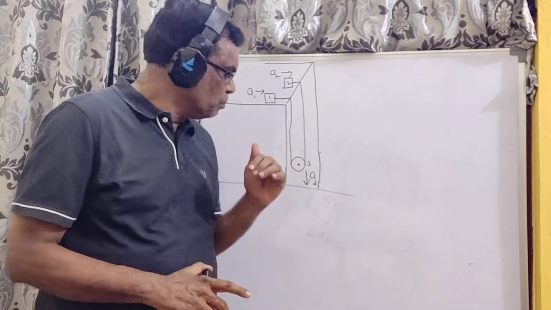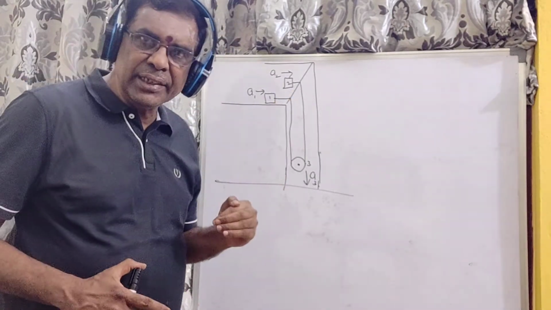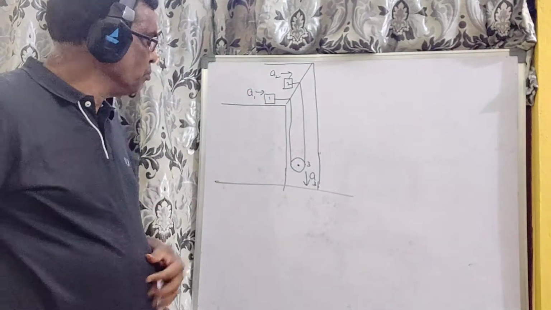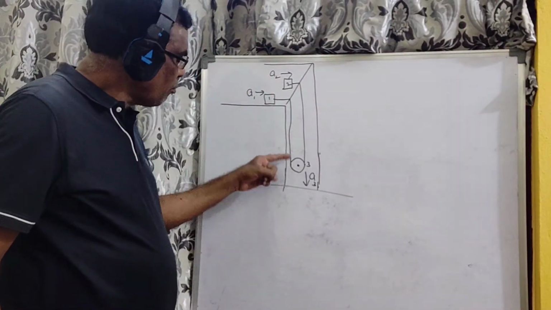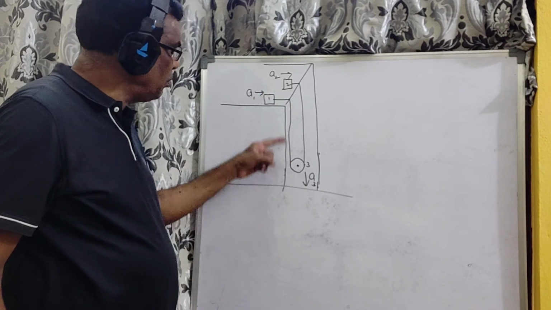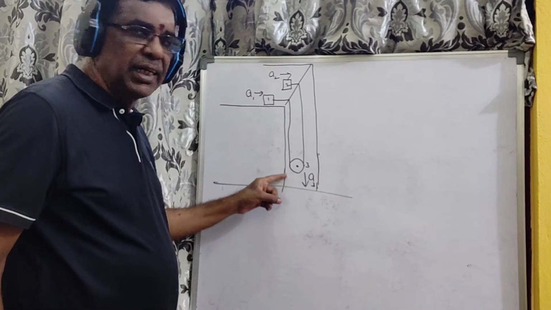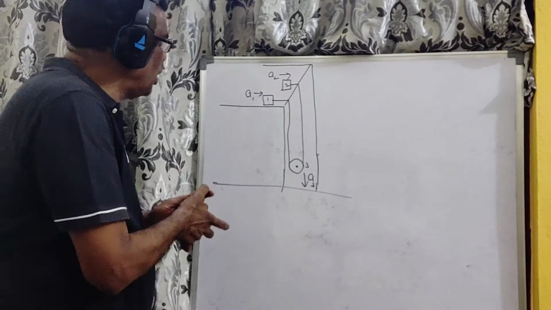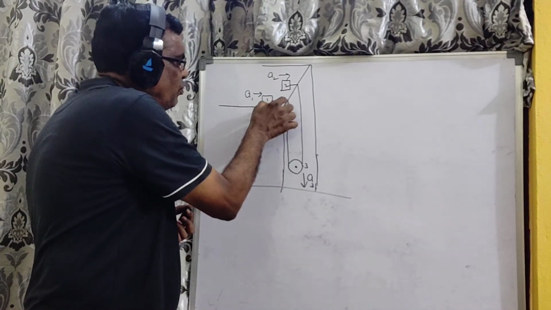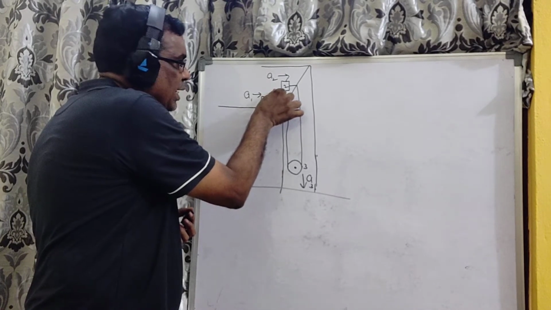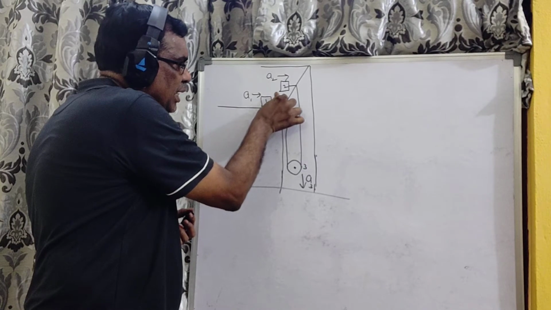First of all, before the dynamics, I'll first look at the kinematics or the constraints. Now look, this is one segment, this is another segment. This is one edge, this is another edge. So what is happening here? This is anyway fixed. So what is happening? The segment is decreasing.